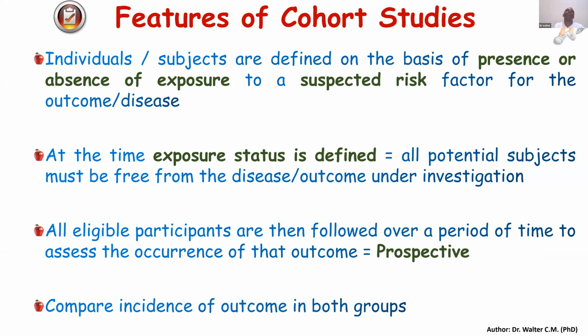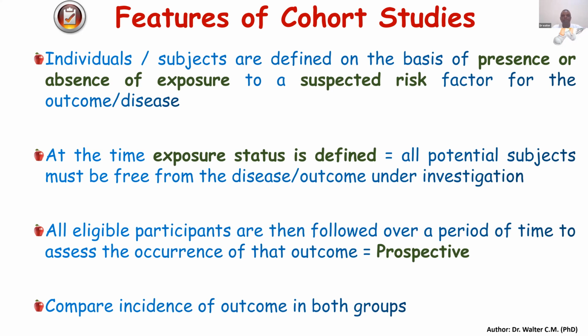And if it's retrospective, you heard that people living near a factory have developed the disease of interest. So you go there, recruit those who have been affected, and then you start finding out what exactly causes them to be sick. Is it living near the factory or are there other factors?